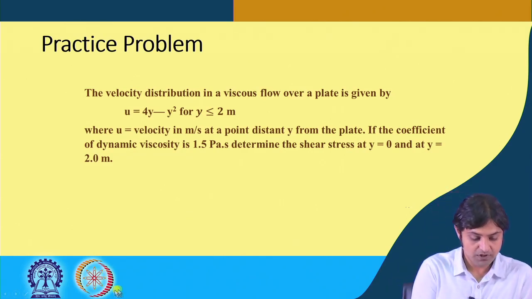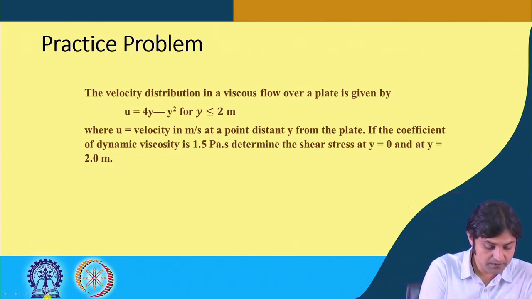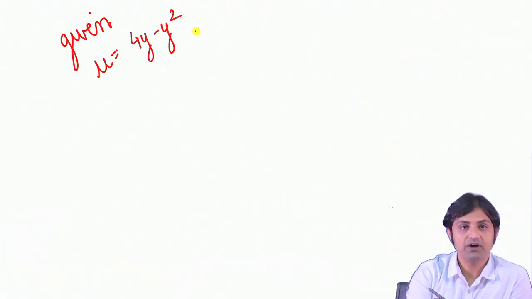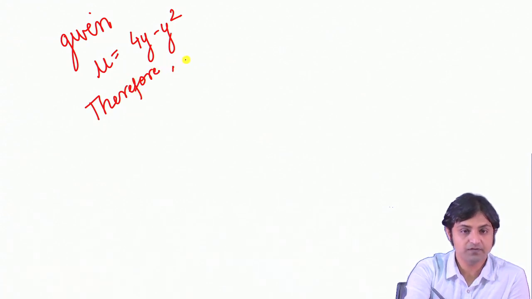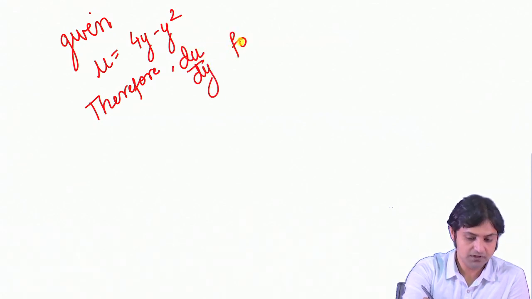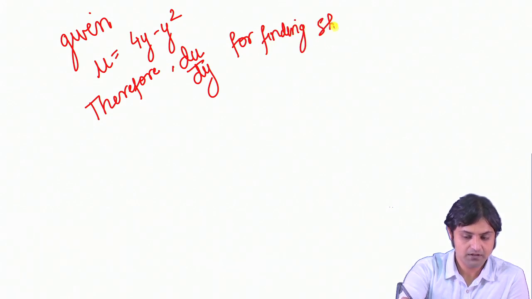Okay, so how are we going to solve this? What is given is u is equal to 4y minus y square, right? So therefore the first step is always finding du by dy for finding shear stress.